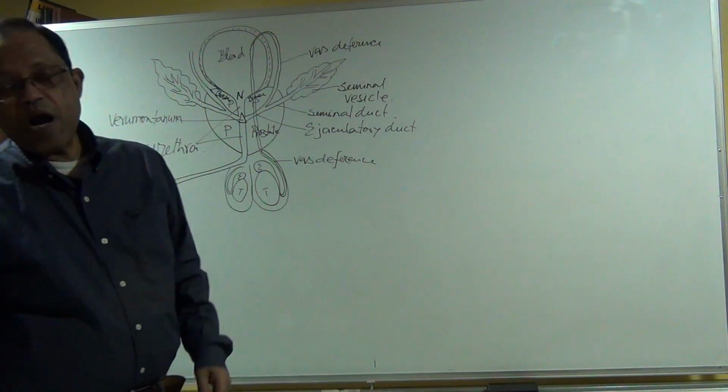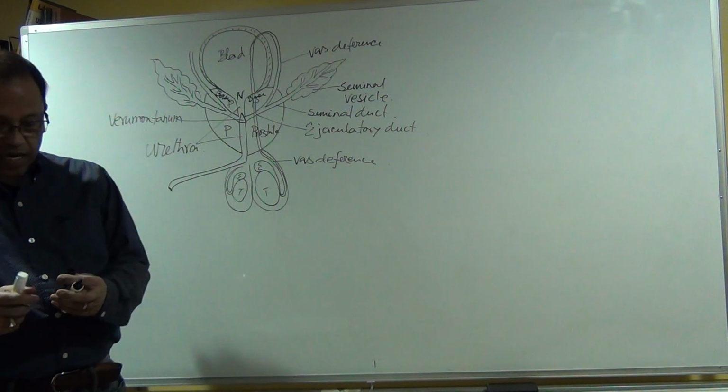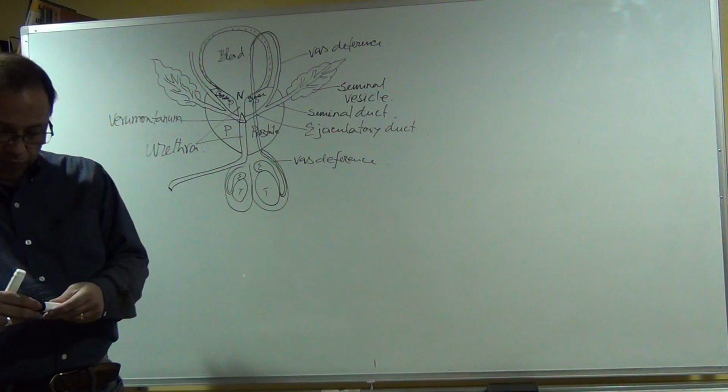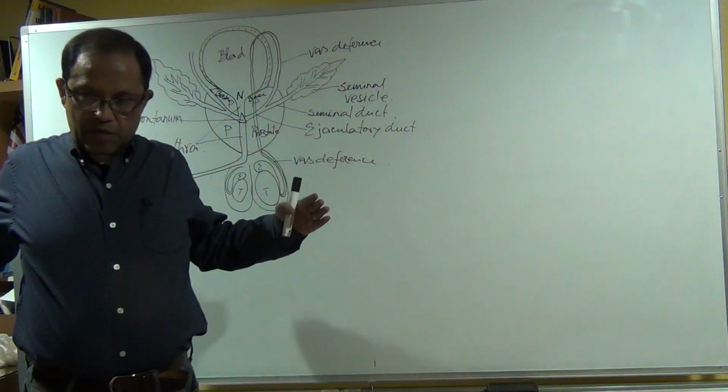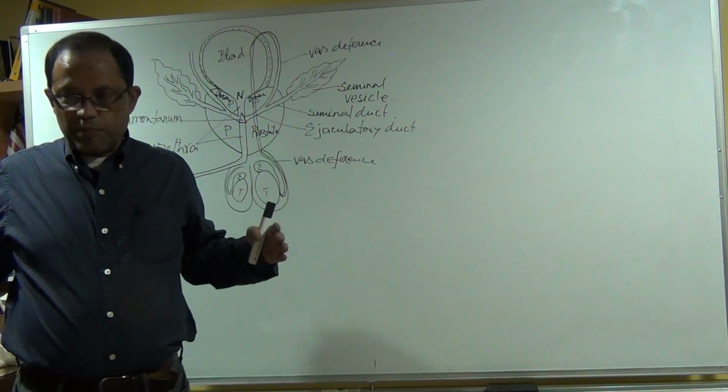So anterior part is non-glandular, and the peripheral part, we call it the posterolateral part, is a more glandular part.